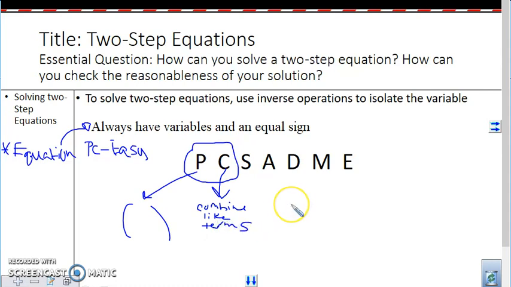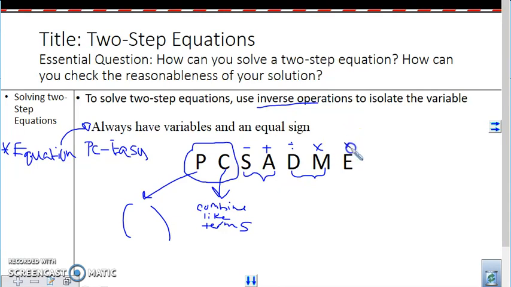Now, the other ones are easy, but the thing you need to remember is that we're using inverse operations. We're going to look: is there addition and subtraction in the problem? Then is there division or multiplication in the problem? Then we look to see if there are exponents.